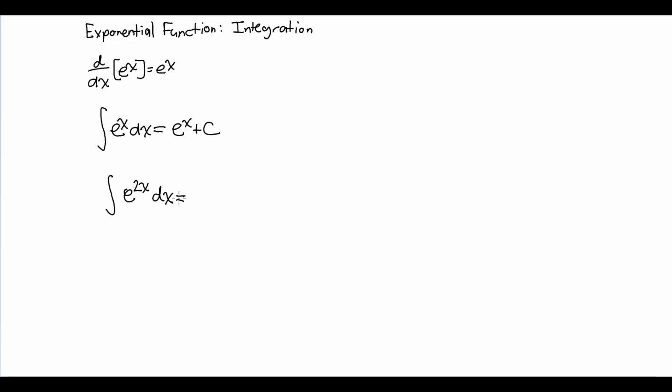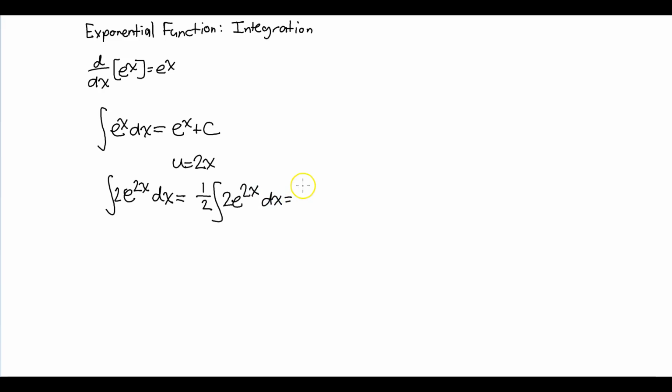Since the derivative of 2x is equal to 2, why not let u equal 2x and perform a u-substitution? You can introduce the 2 required by multiplying the integral by 1/2.